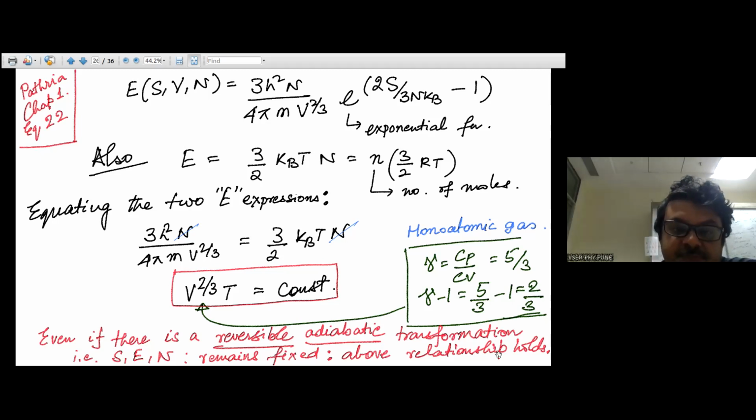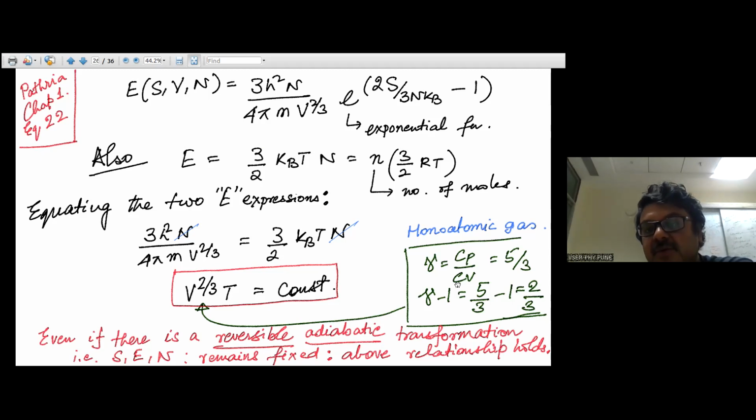relationship holds. Now, this we have already seen in thermodynamics as well. Remember that this we had got from statistical mechanics. There is kB sitting here, right? And as a consequence, we got V to the power 2 by 3 into T equal to constant.